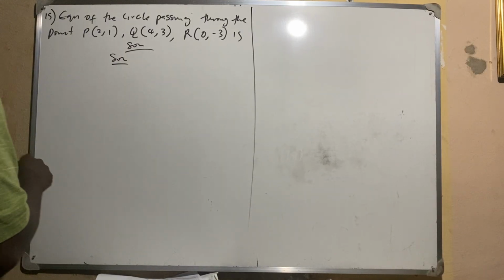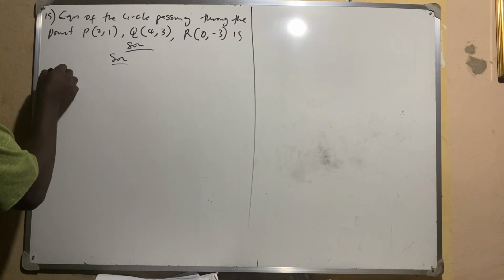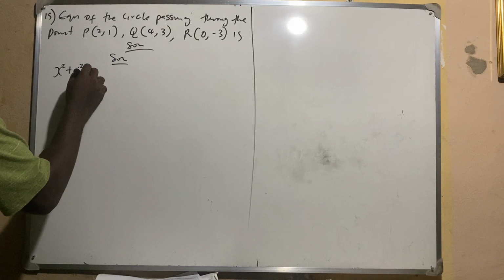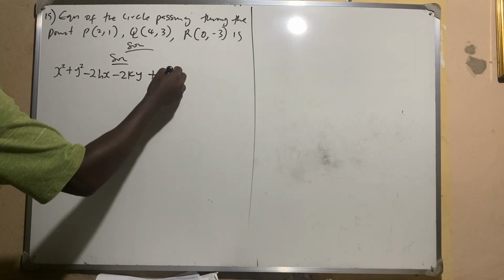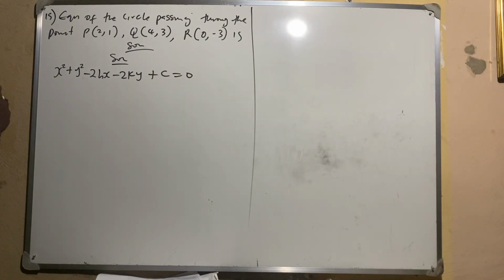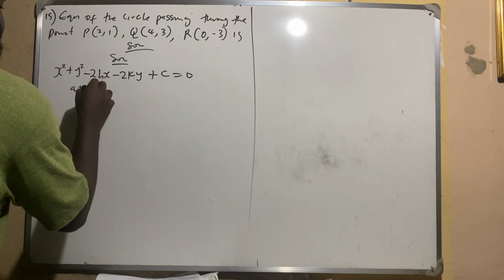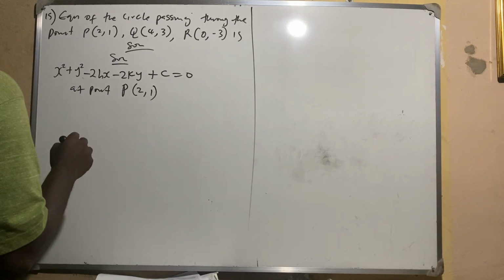Now, the equation of a circle, we're going to use the standard one, and the standard one says what? x squared plus y squared minus 2hx minus 2ky plus c is equal to 0. This is the standard equation of a circle. We have the 3 points. So now you say that at point P, which is (2, 1), any point means x and y.